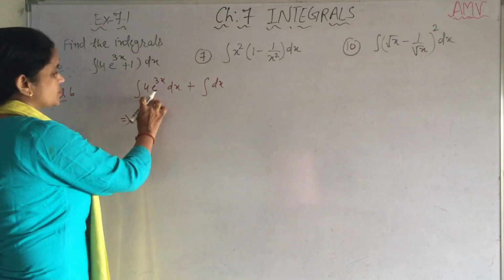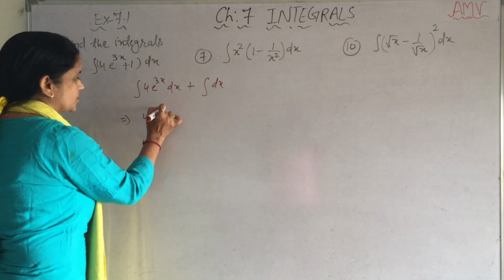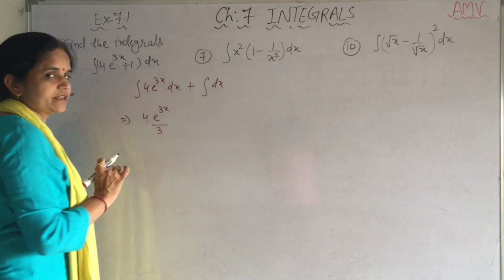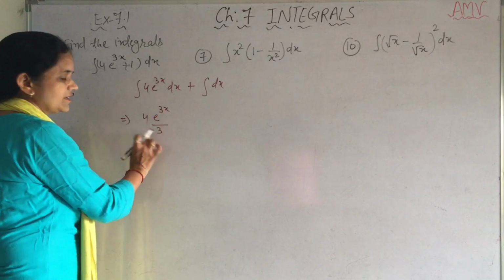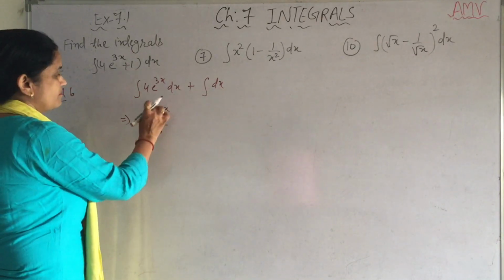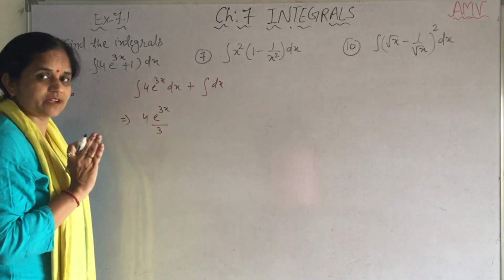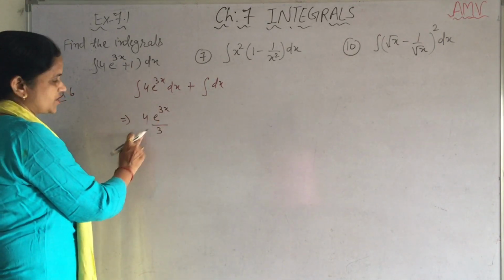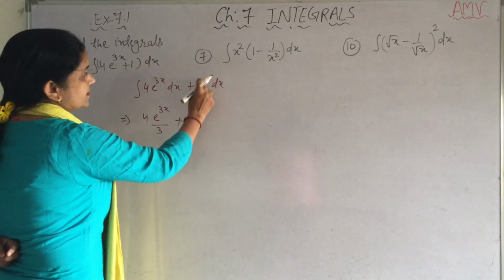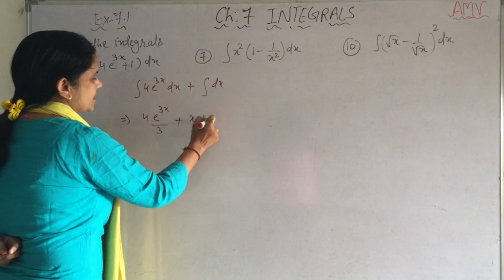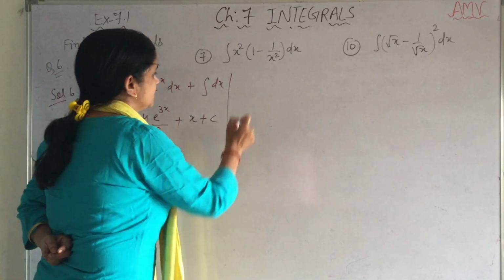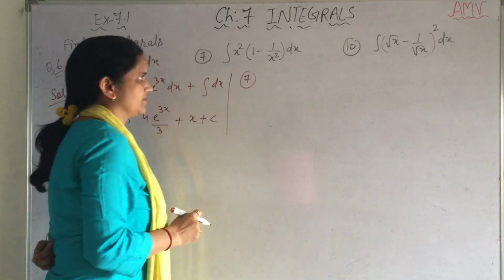The integration of e raised to 3x is e raised to 3x as it is, but here you divide by the coefficient of x. According to the derivative we multiply by the coefficient of x, but in integration you have to divide. And the integration of dx is x, then plus c. This is the answer.